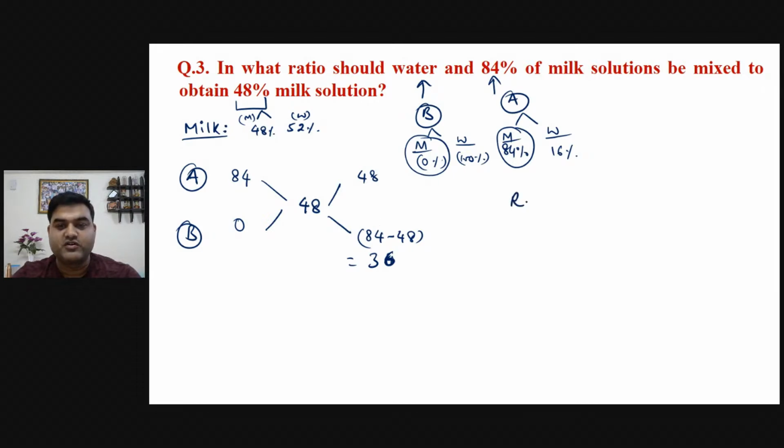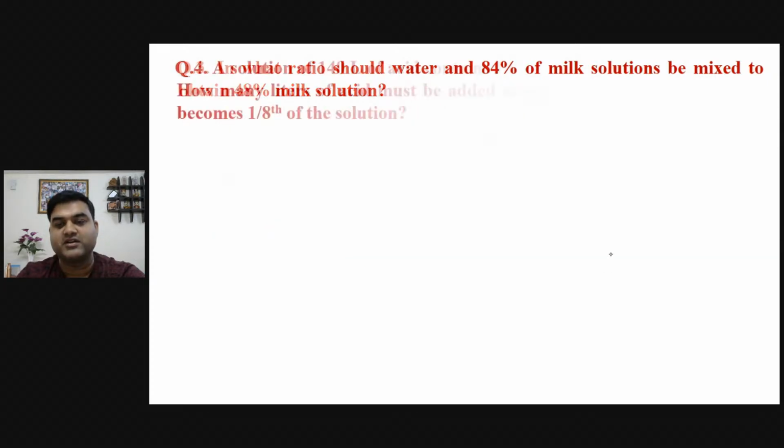So the ratio of mixture A and B, that is milk solution and water, will be 48:36. Correct, no?